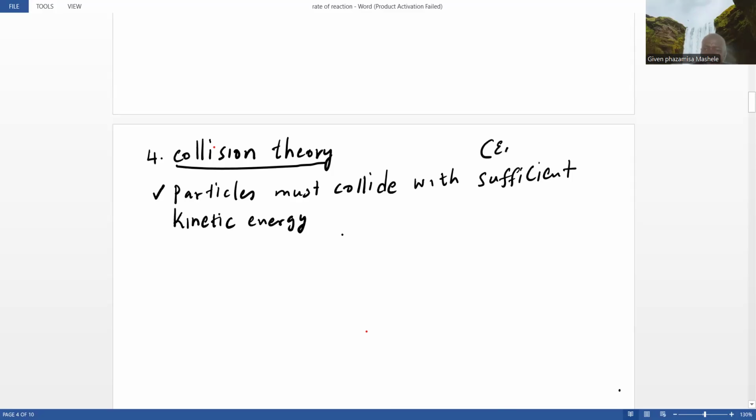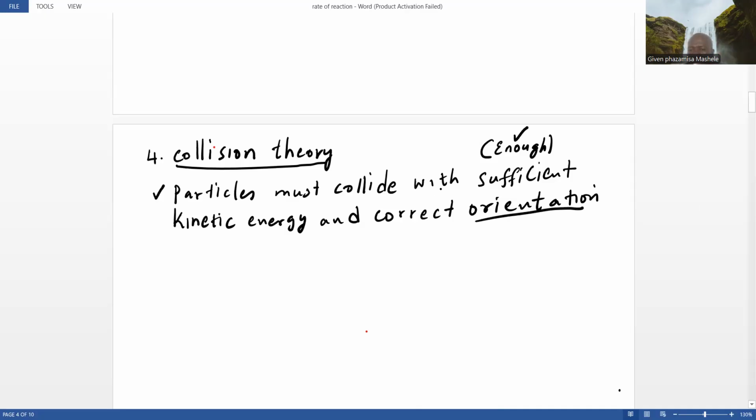Enough energy actually, and correct orientation. That is what the theory states. It states for the reaction to take place, the reaction must have reacting particles, and these particles must collide with enough energy, and also they must have a correct orientation.